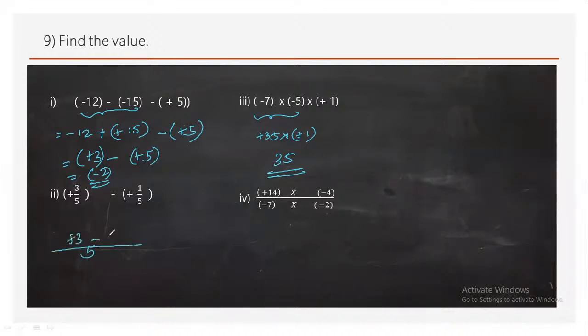Plus 3 minus 1. Plus 14 into minus 4. Here minus 4 divided by minus 2 plus 2. 14 divided by minus 7 minus 2. Minus 2 times plus 2 minus 4.